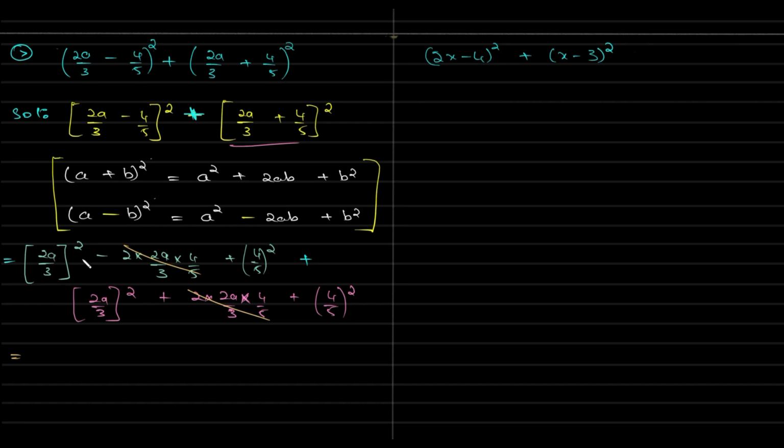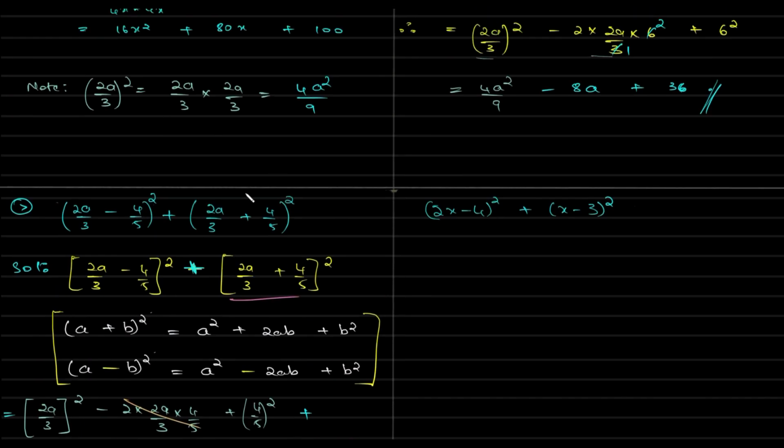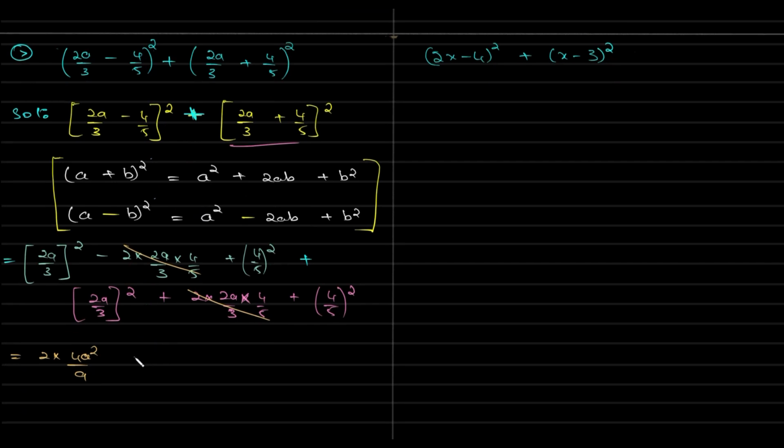Right, now 2a by 3 the whole square and 2a by 3 the whole square will give you 2 into 2a by 3 the whole square. Is it not? So 2a by 3 the whole square will become 4a square by 9. We have done this calculation over here. Right? On a similar line, 4 by 5 the whole square plus 4 by 5 the whole square is 2 into 4 by 5 the whole square, which can be written as 4 by 5 into 4 by 5.